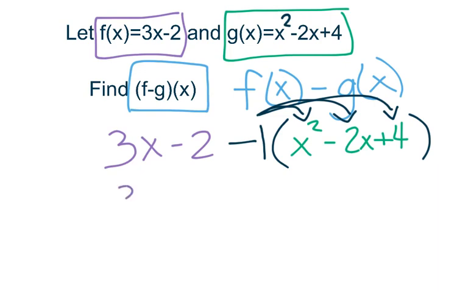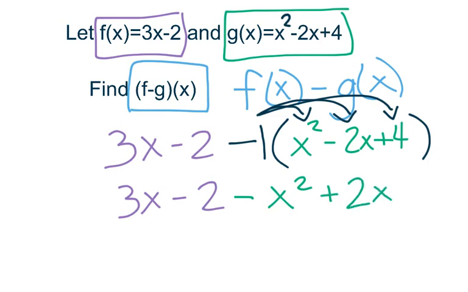So I'm going to show you what I'm doing. The f function stayed the same, and now the g function becomes a negative 1 distributed to a positive x squared is negative x squared. A negative 1 distributed to a negative 2x is a positive 2x. And a negative 1 distributed to a positive 4 is a negative 4.